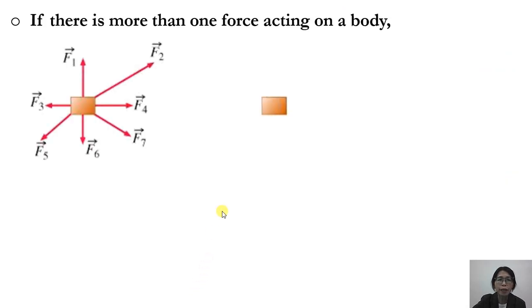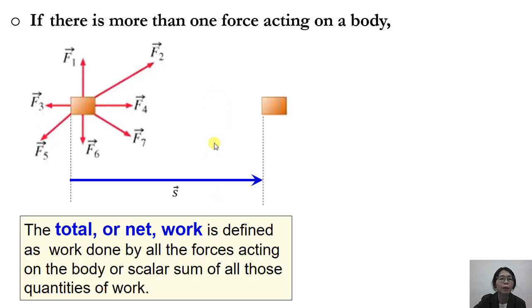If there is more than one force acting on a body, then we can calculate what we call total or net work. The total or net work is defined as the work done by all the forces acting on the body, or the scalar summation of all those quantities of work.